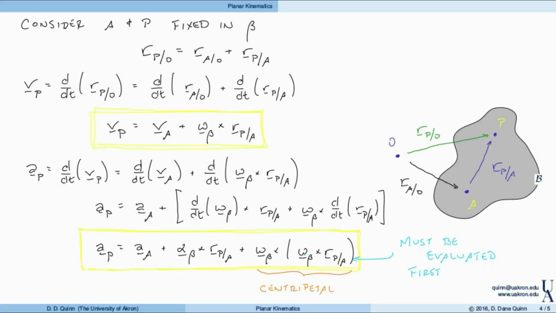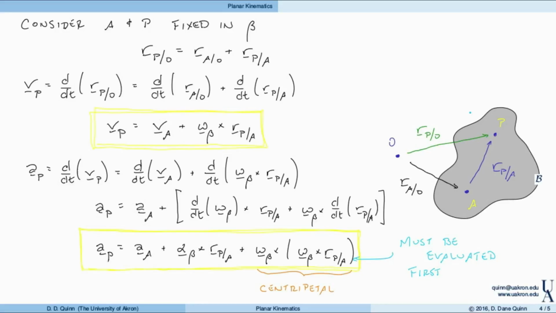So that piece in the parentheses, we have to work out, and then take the cross product of omega and that resulting term. Otherwise, omega cross omega would be simply 0, so this term would vanish if the cross product were associative. But it's not, so we have to do this first.